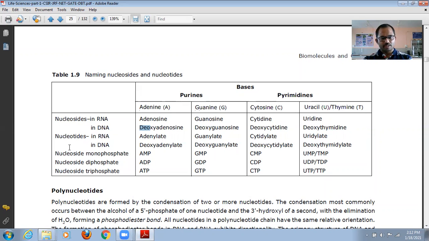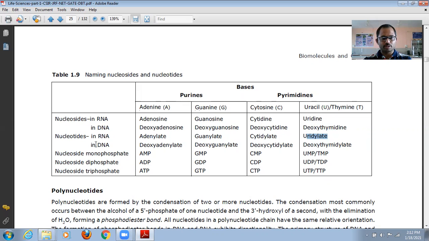Now we can see the nucleotides in the RNA. Again, adenylate and guanylate are the two purines, and cytidylate and uridylate are the two pyrimidines in the RNA.